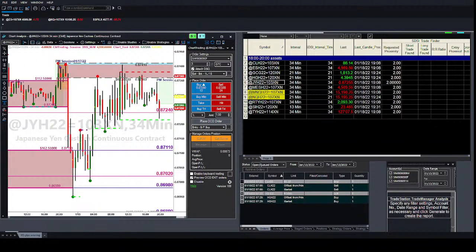If there's something you want, maybe you use a 10-minute interval a lot and you just want to put it up here. You can place it where you want it, and you have it whenever you need it, and you don't have to go search for it.